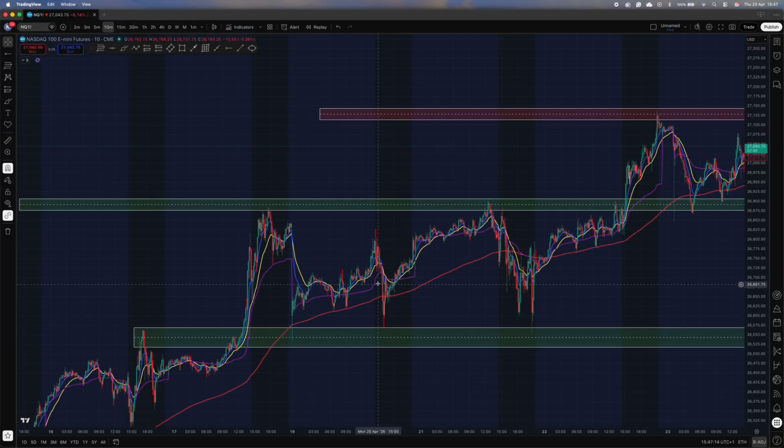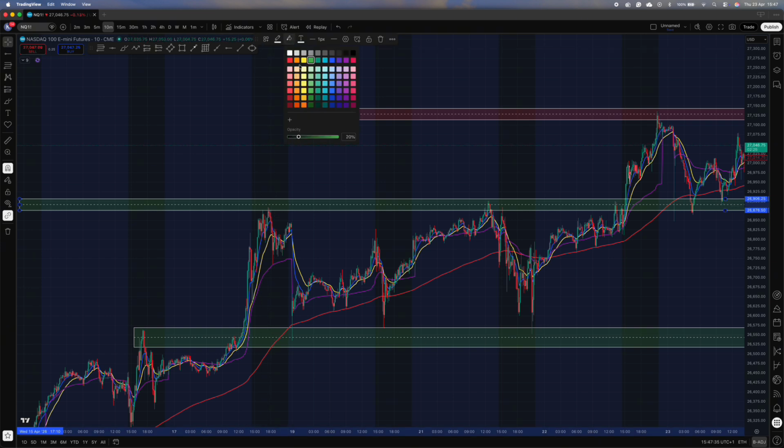If we was to play the range and say, oh, hold on, market just opened, we're coming down into a major level. This is Monday, April 20th. This rejection level has now turned into a demand. So if price comes down into this area, I'm actually going to be looking long, and I'm looking again back into this previous supply, which is up here. So if you was to go from here, I'm taking this long and I'm looking for supply, which is up here.